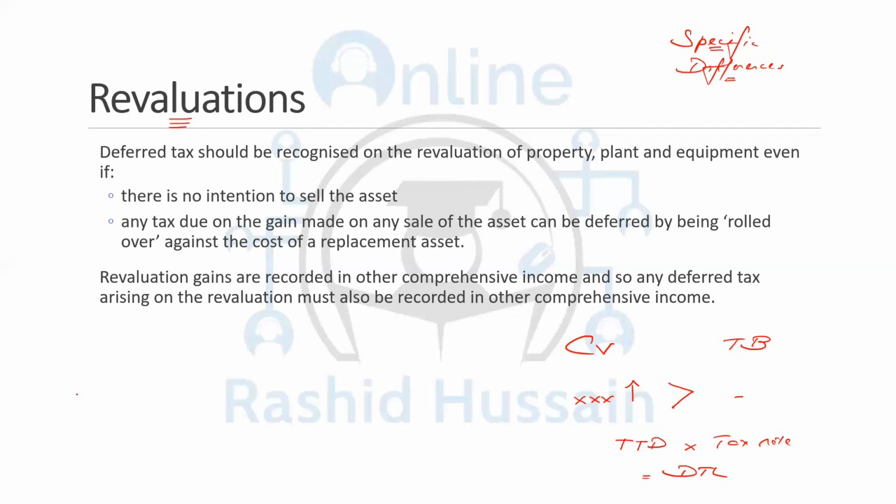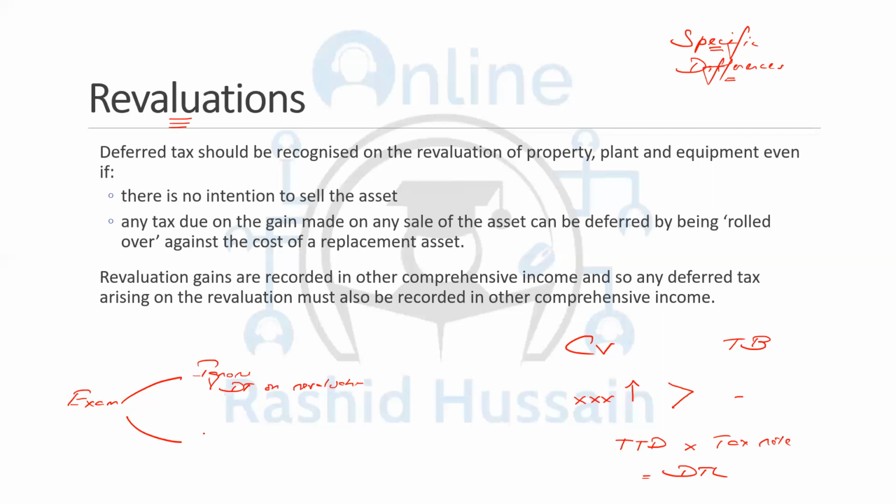In the exam, the examiner is going to specify. The first scenario may be ignore deferred tax on revaluation. Now, this is the simplest thing to see. It's always good news to see when they are saying ignore the deferred tax. So there's no need to do the deferred tax calculation on the revaluation because they're saying ignore it.